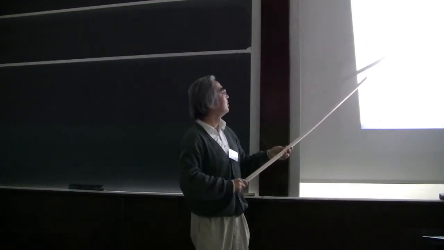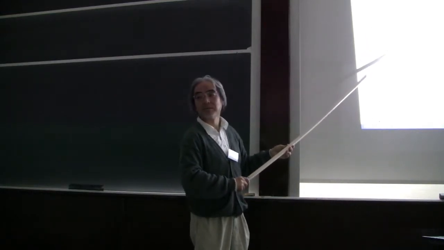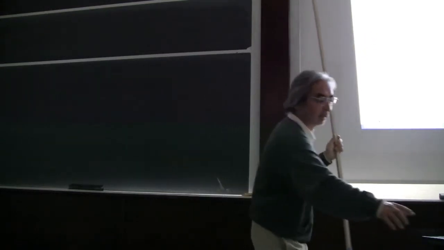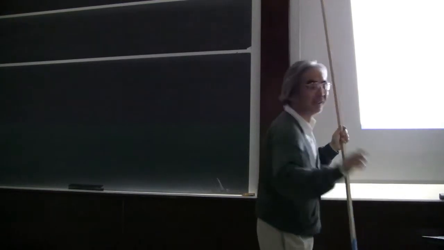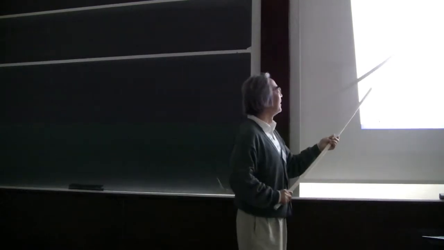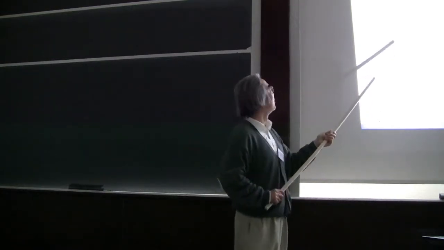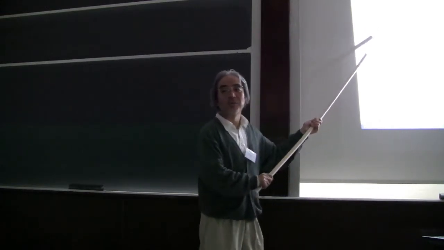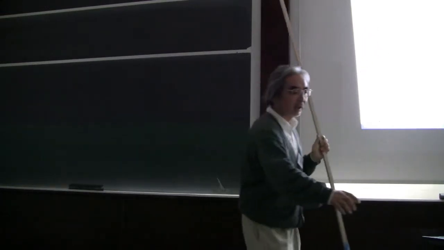So this should be n minus 1, because there is no index greater than n minus 1. This is why I choose n minus 1. This can be anything, just for convenience we choose n minus 1.